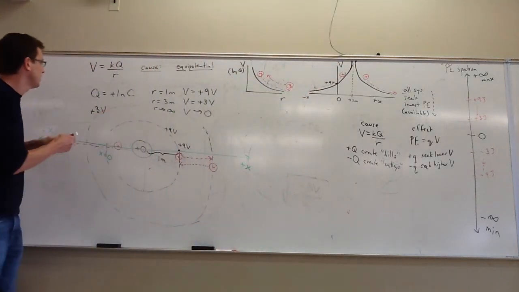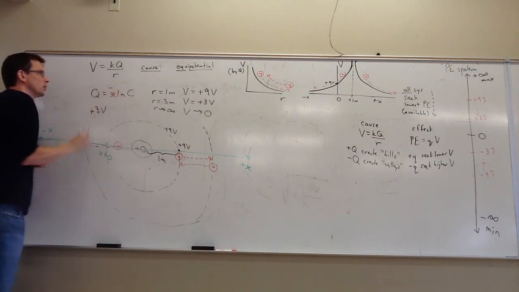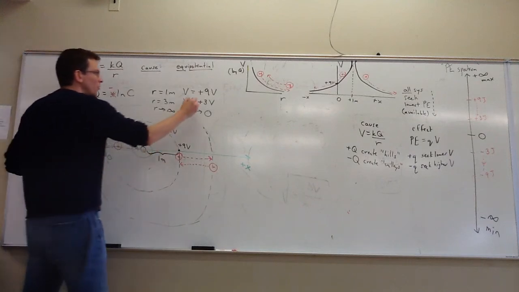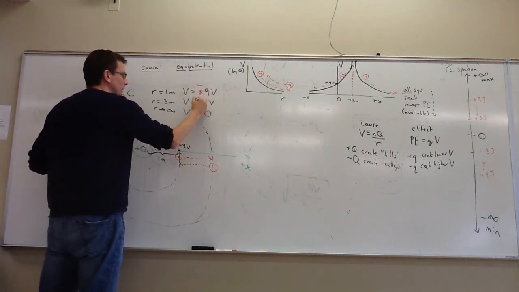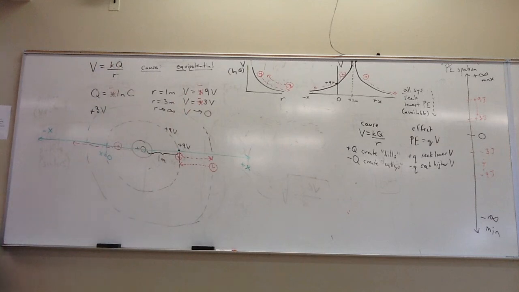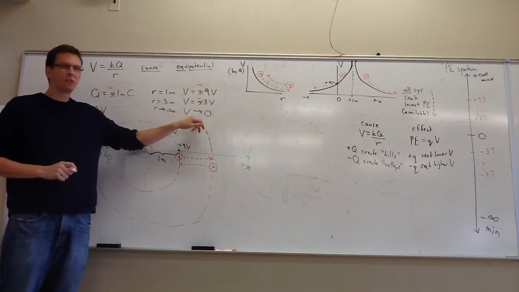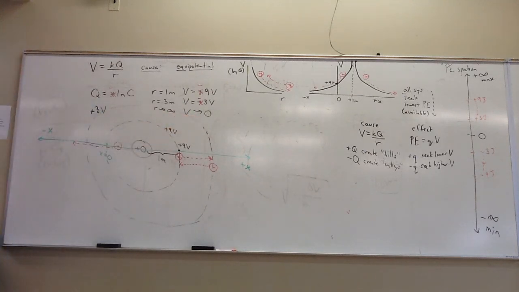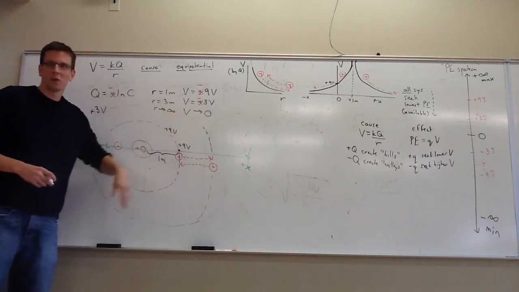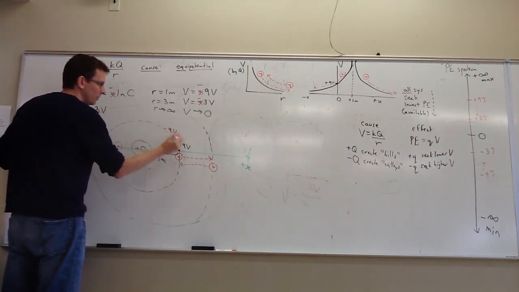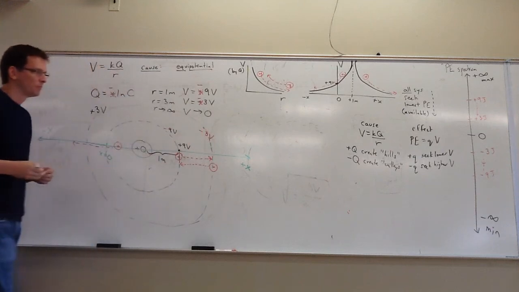Well, if I made this negative, the only thing that would change is that the voltage values would come out negative, negative, negative. Still, as R goes to infinity, voltage would go to 0, but now instead of climbing off the hill, you're climbing out of the ditch, right? So now this would be negative 9, this would be negative 3.